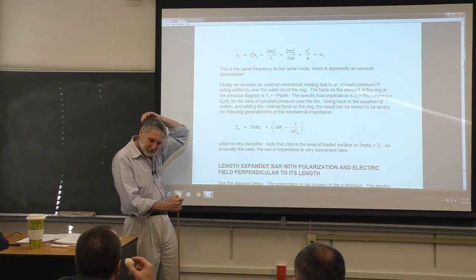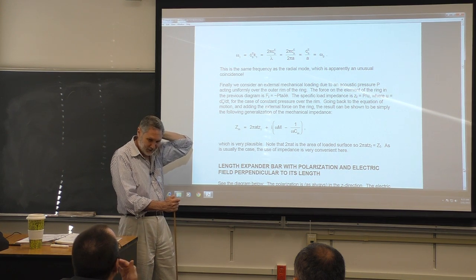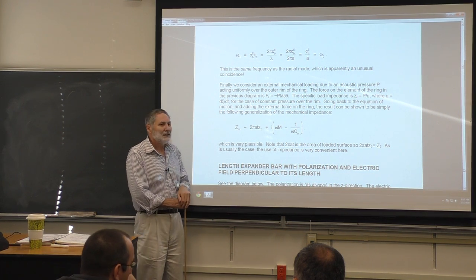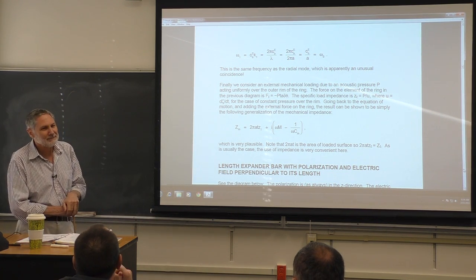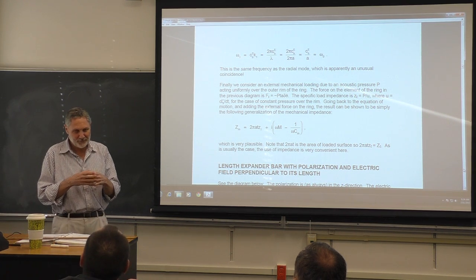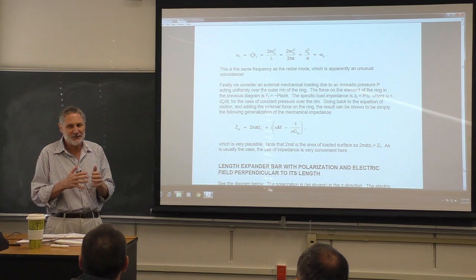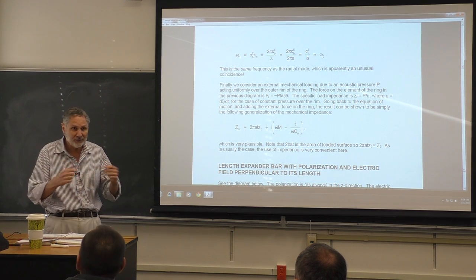Let's just assume it's a purely resistive load and we'll talk about it later, right? You know from last quarter that if the wavelength is large, is it purely resistive? No, you get a reactive part. Remember energy going to the near field?